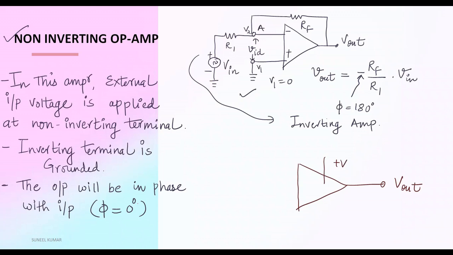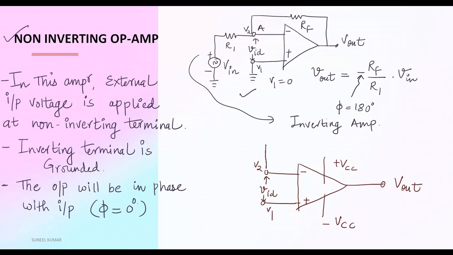This is positive supply VCC, and this one is negative supply VCC or VEE, and we have negative terminal that is inverting. This is inverting terminal, so this voltage is V2. This is non-inverting terminal, so this one is V1, and the difference of these two terminals, V1 minus V2, is basically VID.